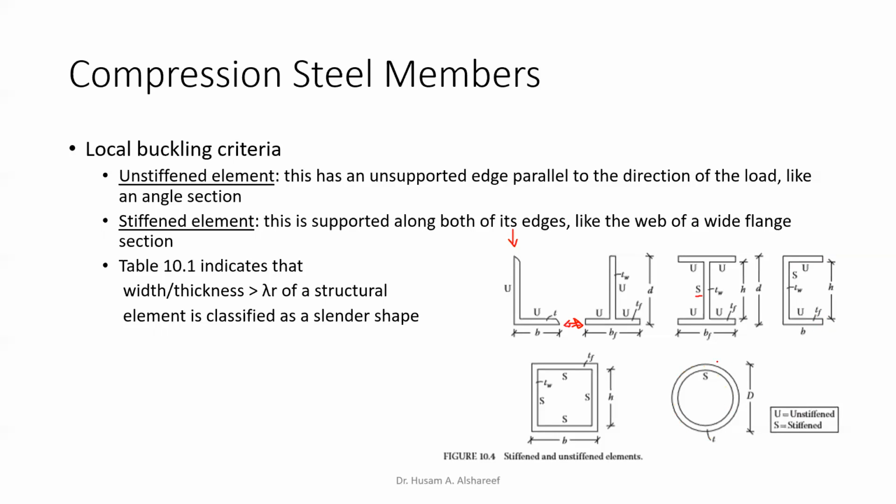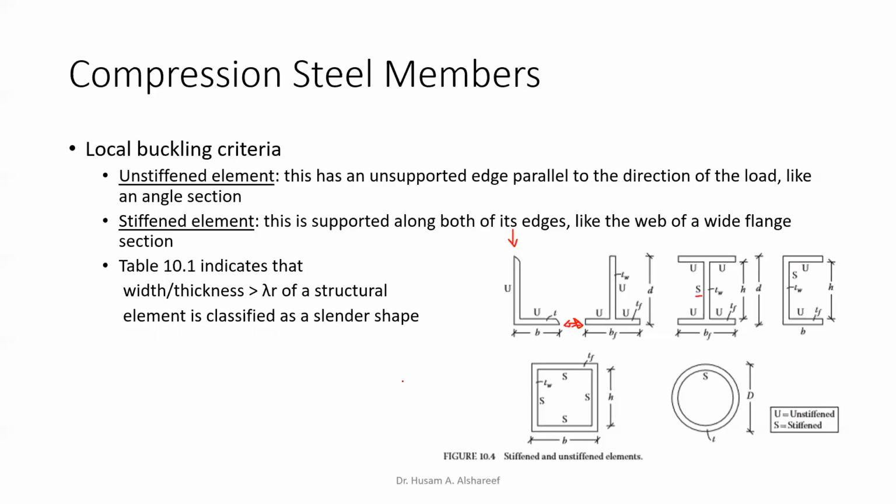For a pipe or tube, it's always stiffened, and for an HSS shape, rectangular or square, it's always stiffened. This is the thickness of the shape, and we'll need it to identify the inner shape versus the outer shape. The same for this one here.